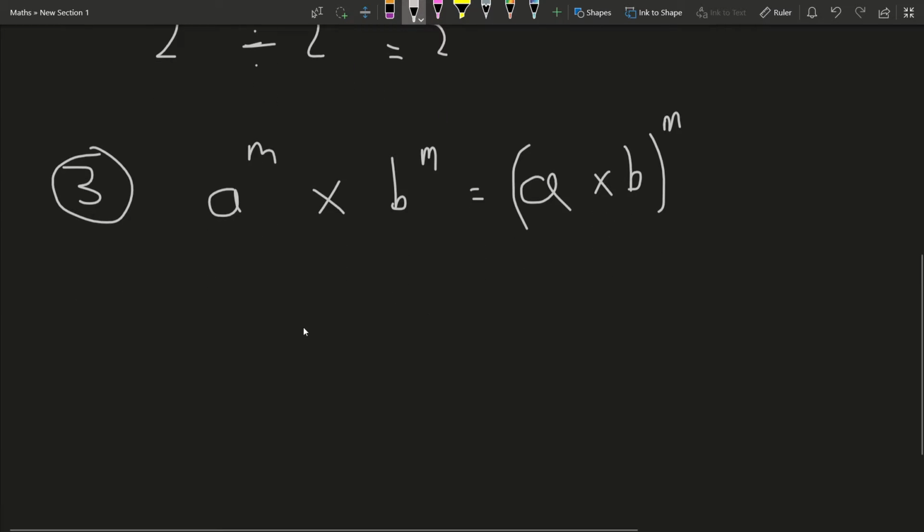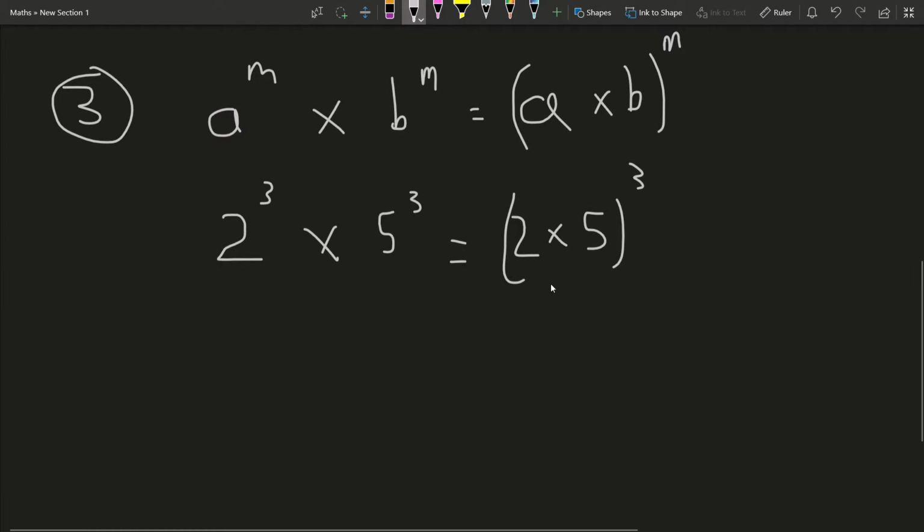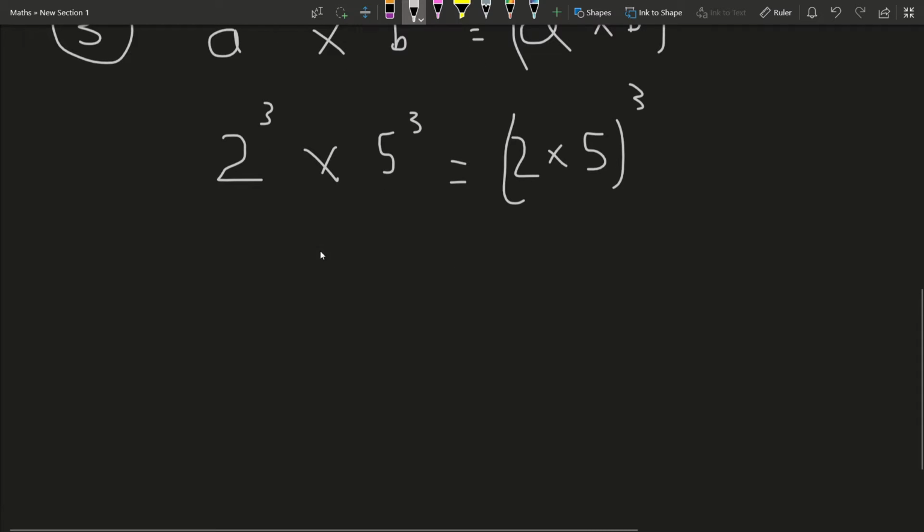So an example for this could be 2 to the power 3 into 5 to the power 3. You could simply write this as (2 times 5) to the power 3. We'd multiply this and then just cube it.